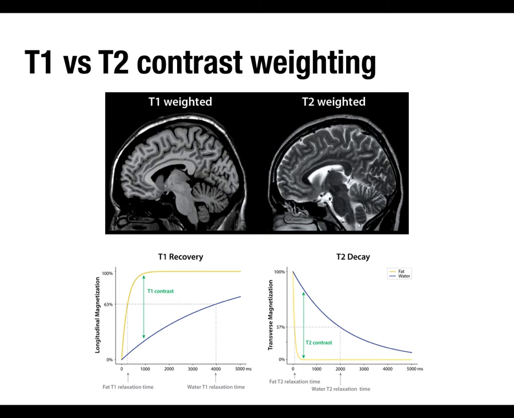And so you can get different images. Actually, let me step back. The one thing that I haven't mentioned yet is, I'm saying you send in an RF pulse, let it recover a bit, send in another one. There's a critical parameter called the echo time, and that's how long after the RF pulse you actually read out from that receive coil and get your signal.